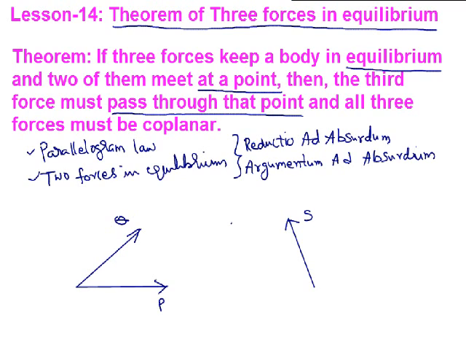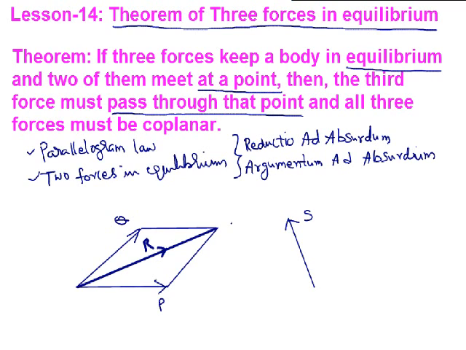The first thing we'll do is find the resultant of these two forces P and Q. Draw a line parallel to the line of action of P, and then a line parallel to the line of action of Q to meet at a point, and draw a line along the diagonal. I'm drawing a thick line to indicate that it is a resultant and mark it as R. We can make a couple of observations here.